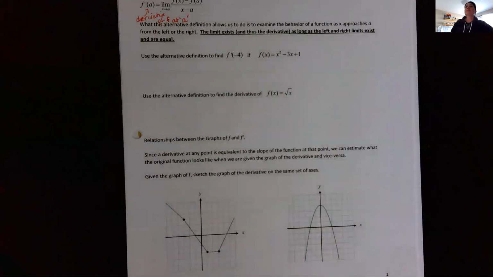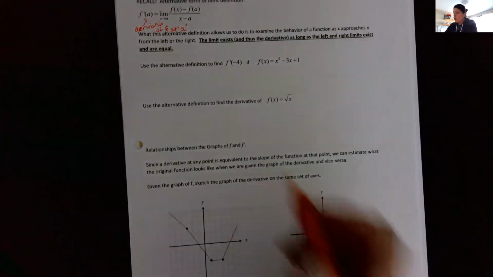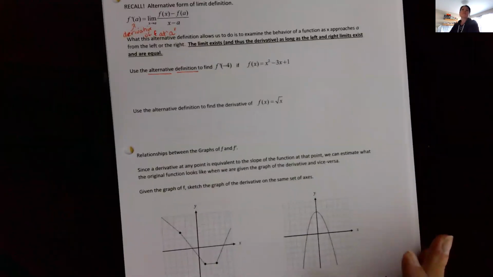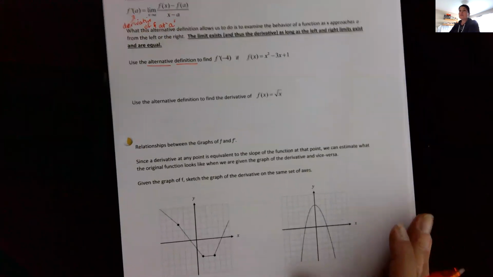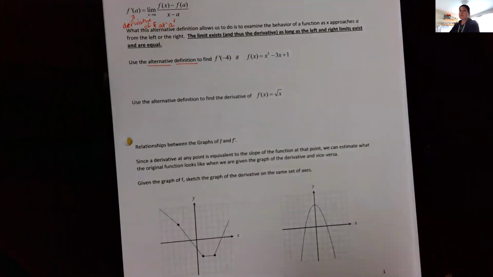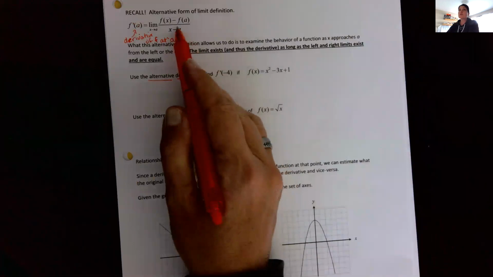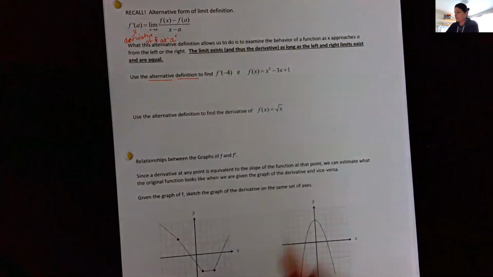Use the alternate definition to find f prime at -4 if f of x is equal to x squared minus 3x plus 1. Okay, so alternate form. That should shorten things up a little bit. Instead of using the traditional limit definition of a derivative, we will be practicing that some more, but at least by using an alternate form, it is a little bit faster.